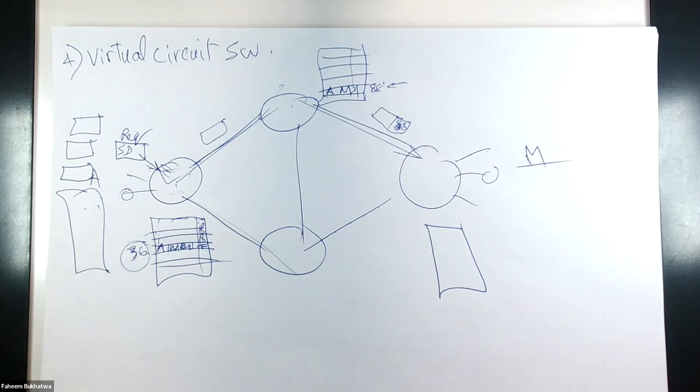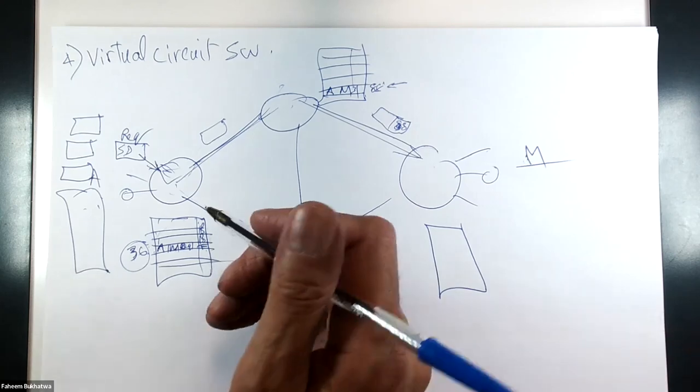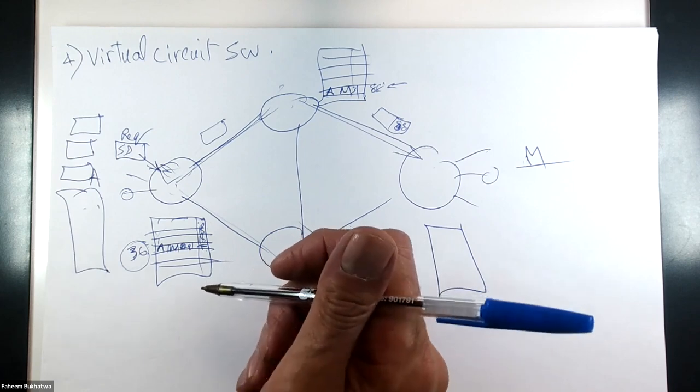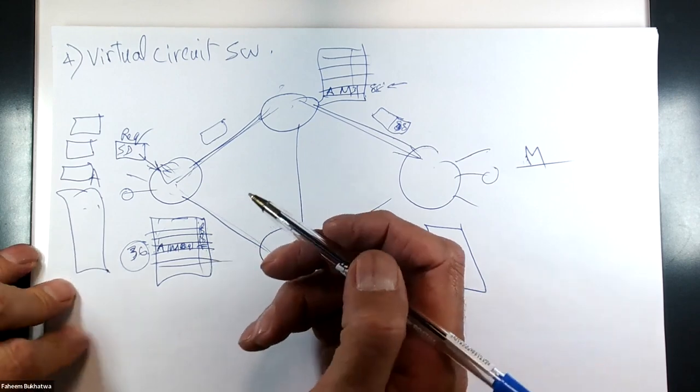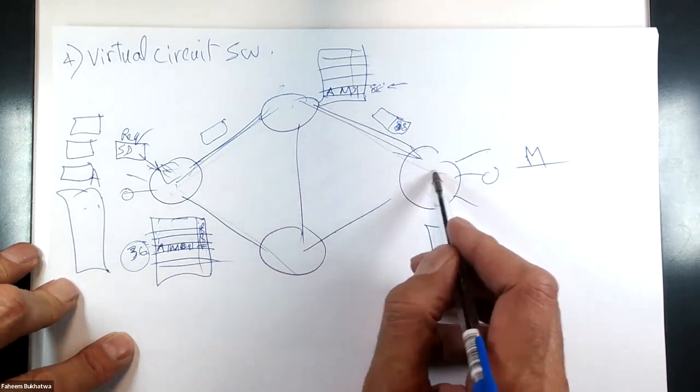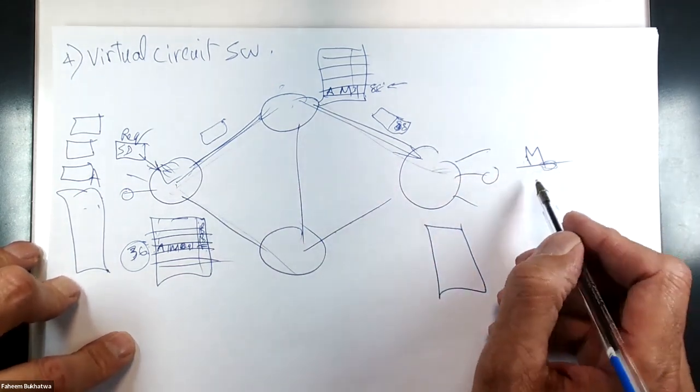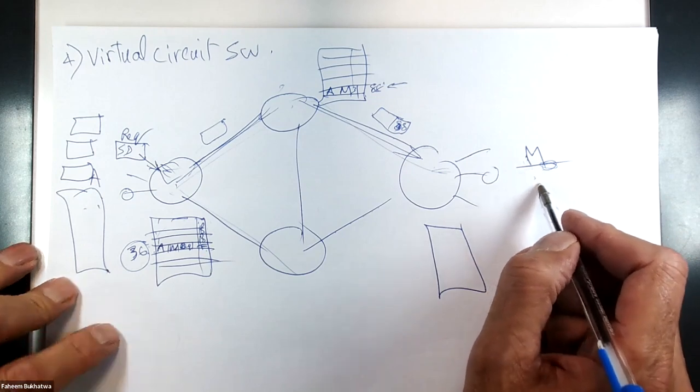Once one of them finishes, they can take more calls, but each router will have a maximum number of calls. So even though the lines are shared, they're not as shared as in the datagram switching technique, which has no limitations. Eventually, the call request will get to the user here, who can deny it or accept it.